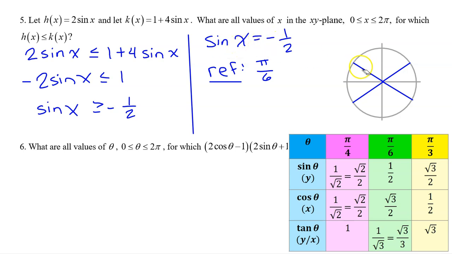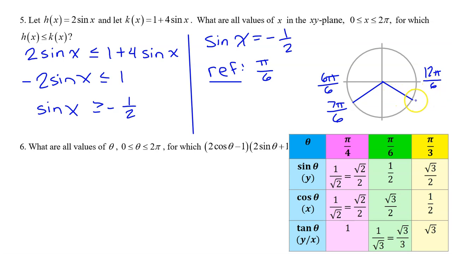Since we want sine x to equal negative 1/2, we will stick to quadrants 3 and 4, where the y value and thus the sine function is negative. We can think of pi as 6 pi over 6. So this angle in the third quadrant is 7 pi over 6. We can think of 2 pi as 12 pi over 6.